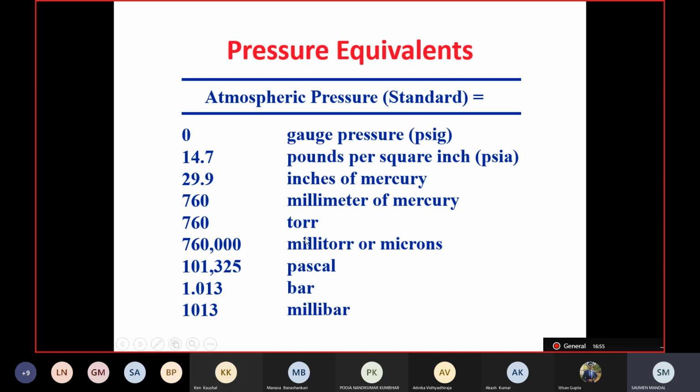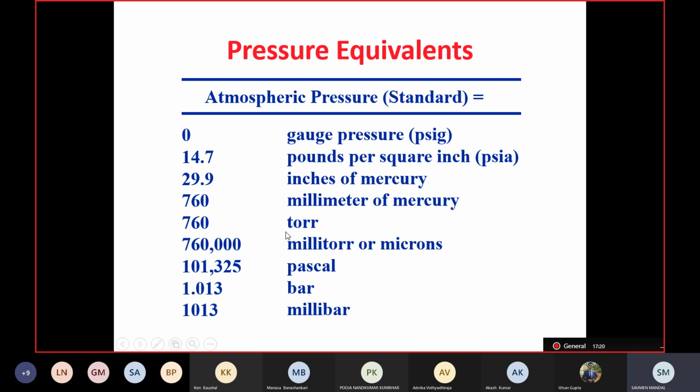The gauge will show the reading of the vacuum inside the chamber. The units are torr, millitorr, Pascal, and 1.013 bar or 1013 millibar. But you only have to remember torr and millibar if you want to deposit; that is more than sufficient.